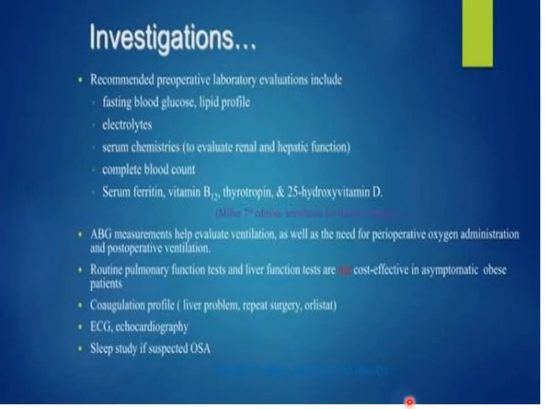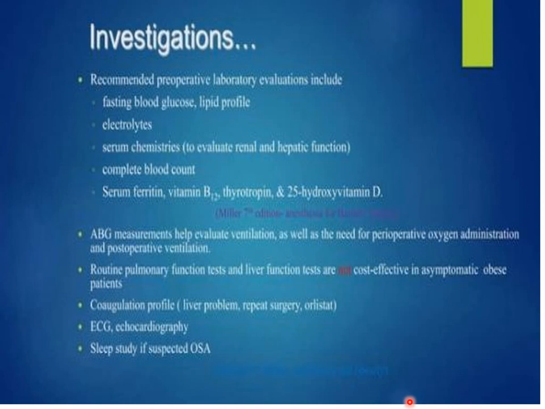What investigations should be done for those patients? I will talk about them briefly in order not to take too much time. We have to focus on the radiological side of bariatric surgery. Fasting blood glucose, very important, and lipid profile, electrolytes, and serum chemistry, evaluating renal and hepatic function.